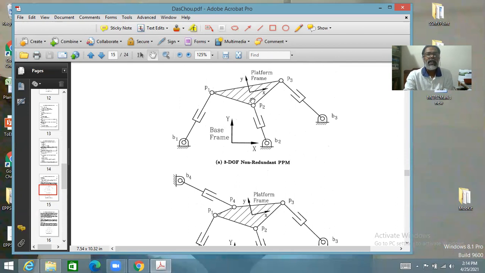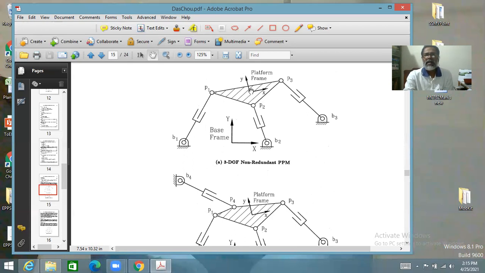Another thing is that since the position of this origin is the generalized coordinates now, x, y, theta, for getting the leg equation, first we have to get the position of this, and that is easy.